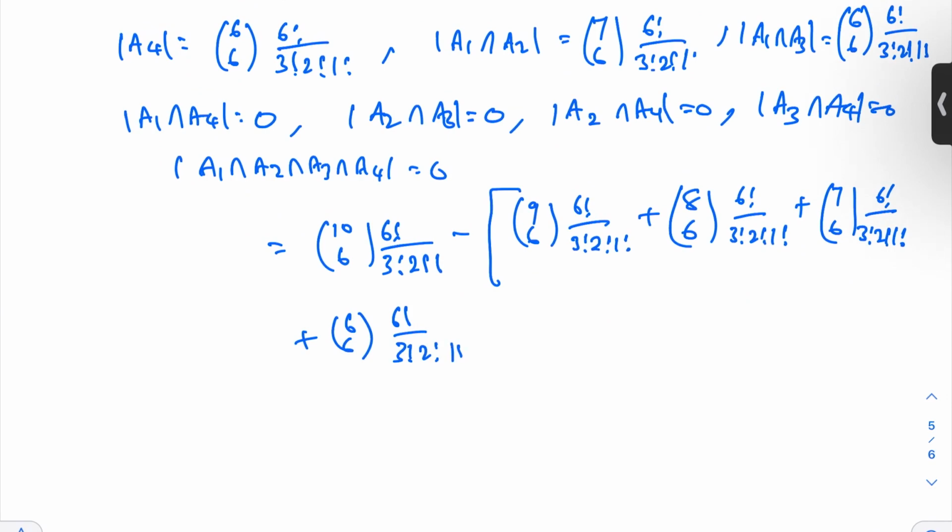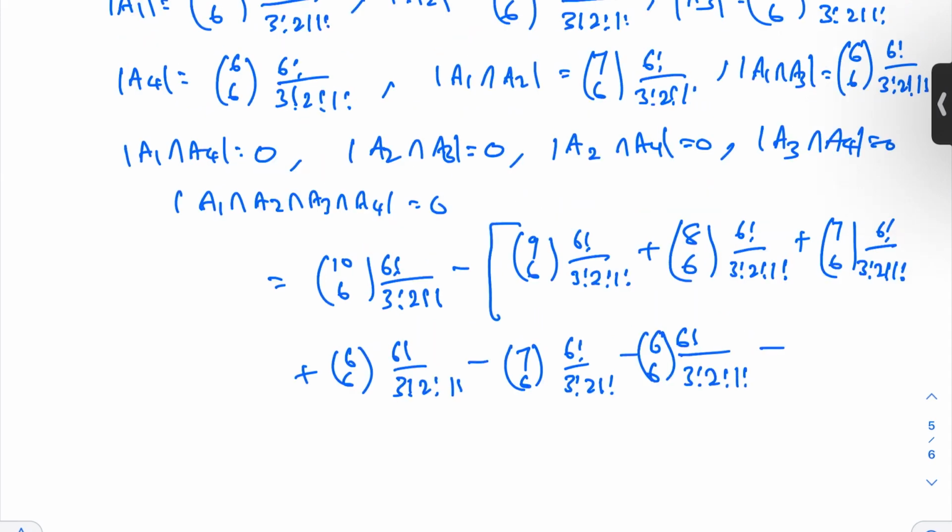Okay, then minus number of elements in A1 intersection A2, that is going to be 7 choose 6 times 6 factorial by 3 factorial, 2 factorial, 1 factorial, minus number of elements in A1 intersection A3, that is 6 choose 6 times 6 factorial by 3 factorial, 2 factorial, 1 factorial. And I forgot to mention here, all these triple combinations are also 0.